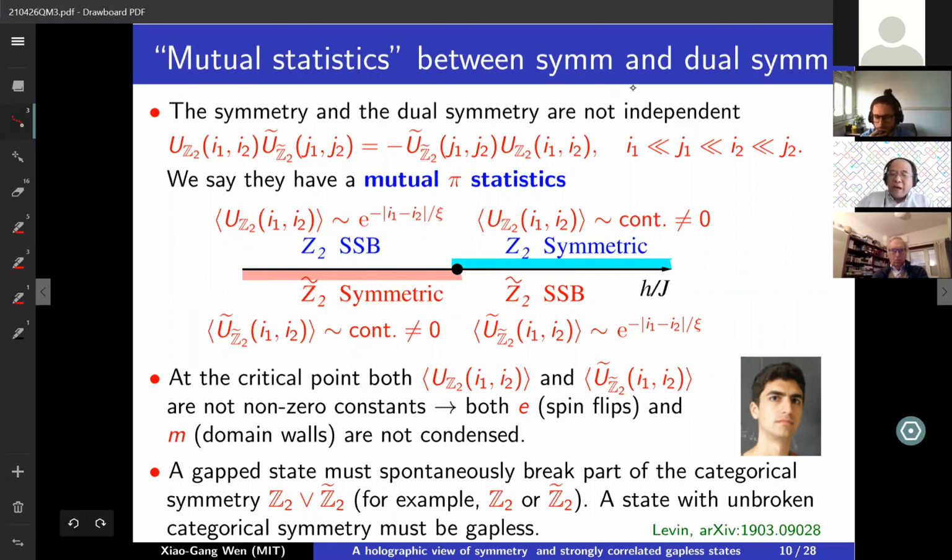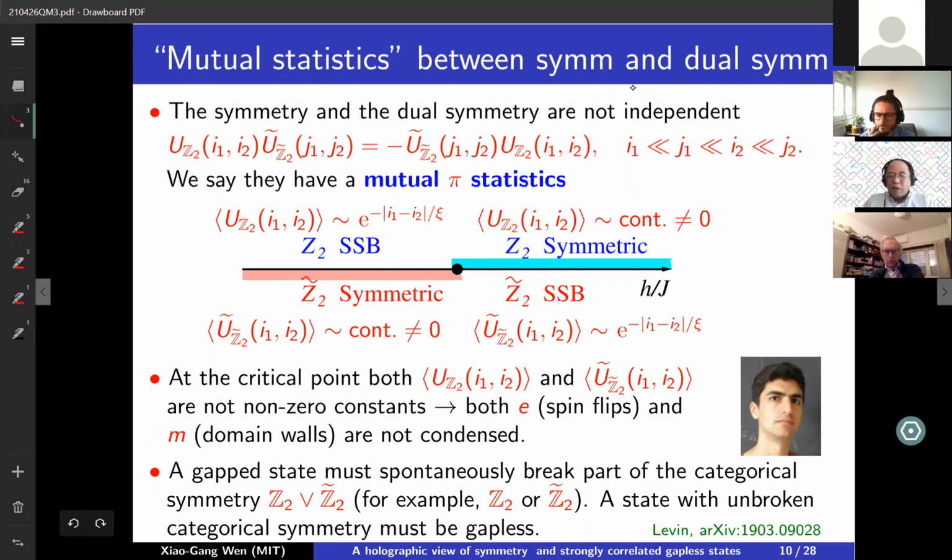Then at the critical point, the correlation functions of both operators have algebraic decay. They are not constant, so they don't have long-range order.